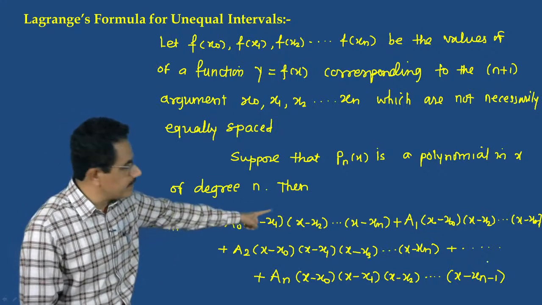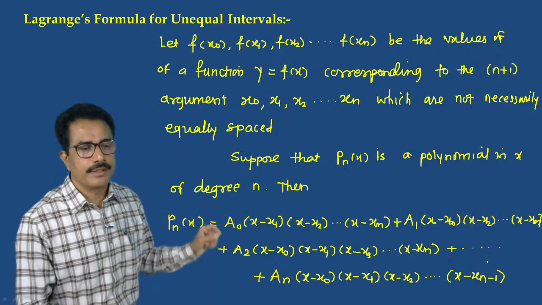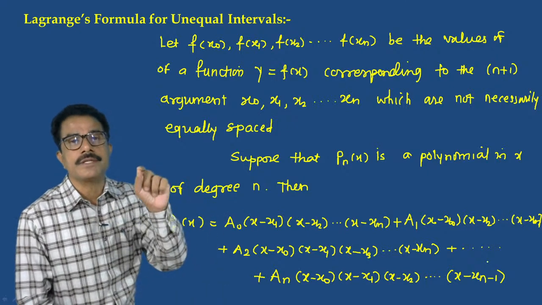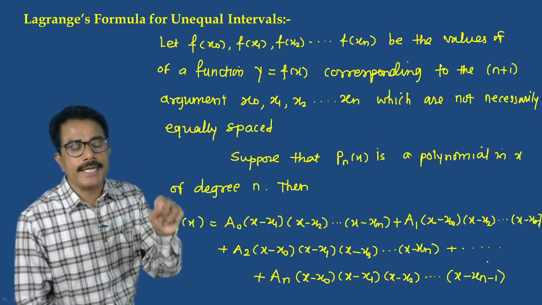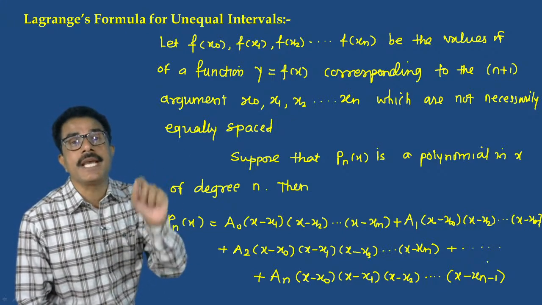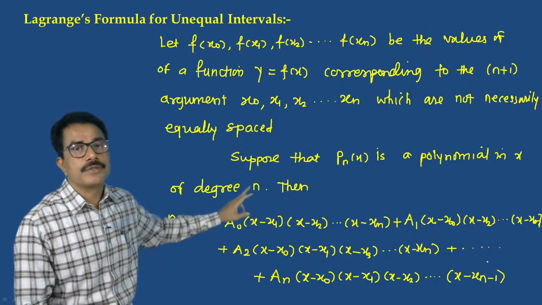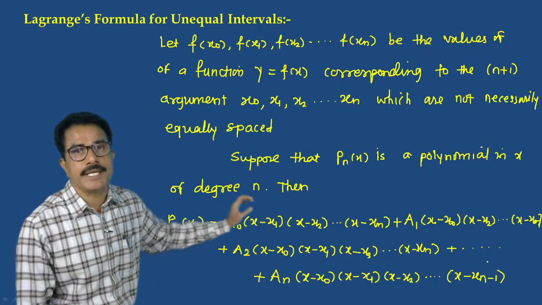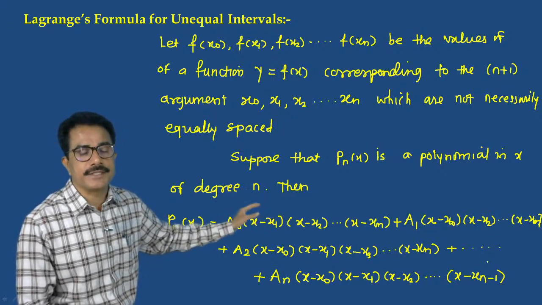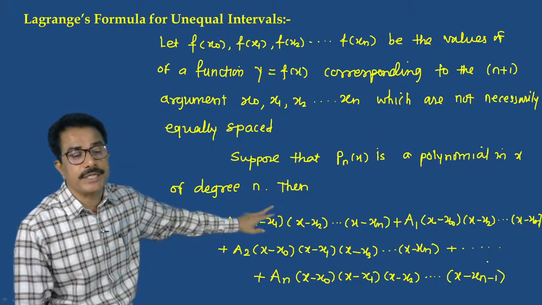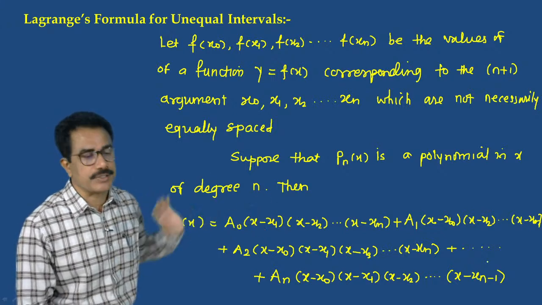Similarly, in this case a1 is the constant coefficient, so remove the bracket x minus x1: a1 into x minus x0, x minus x2, x minus x3, dot dot dot x minus xn, but don't take x minus x1.